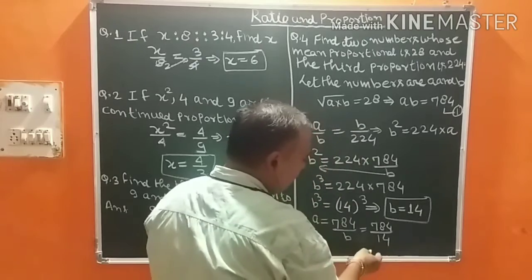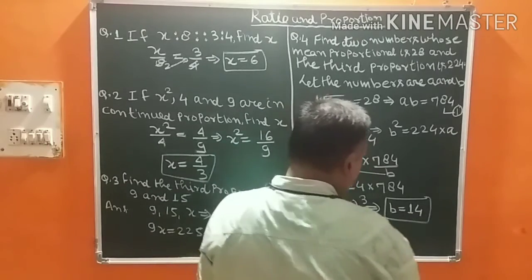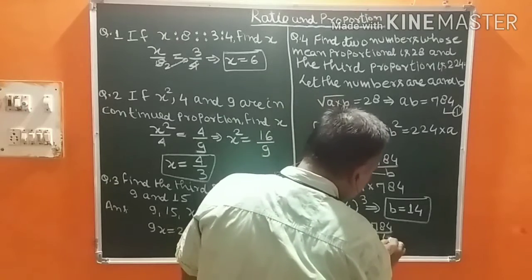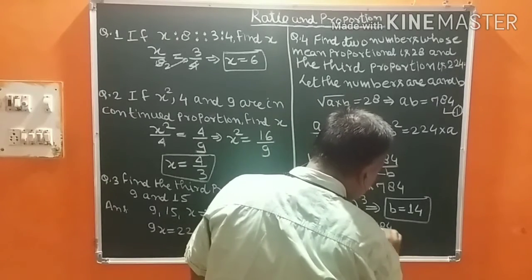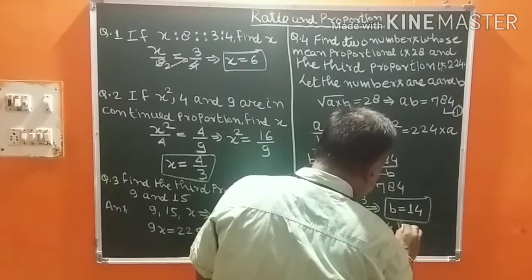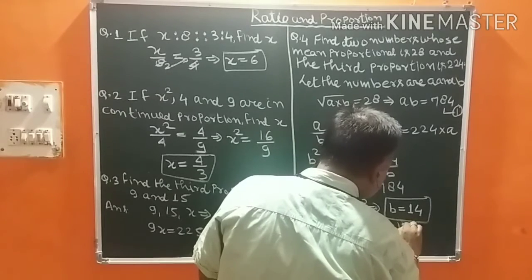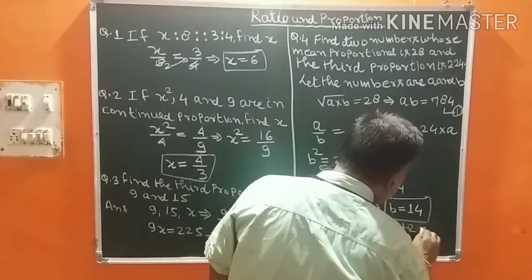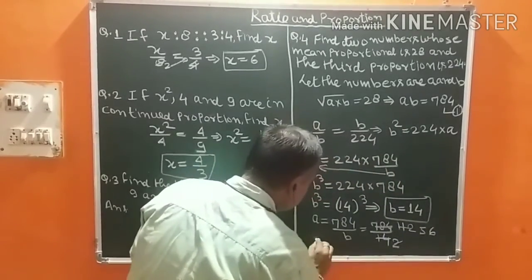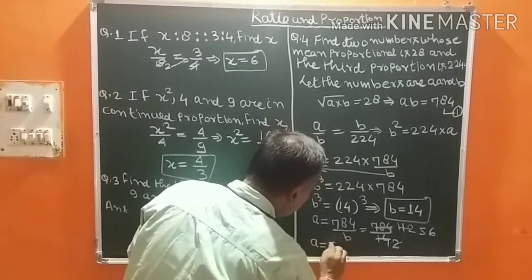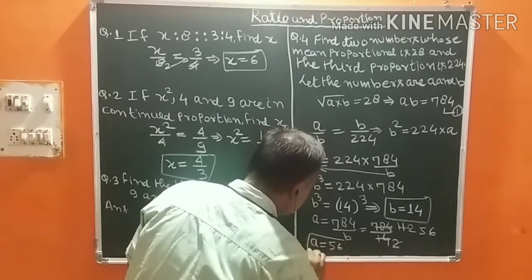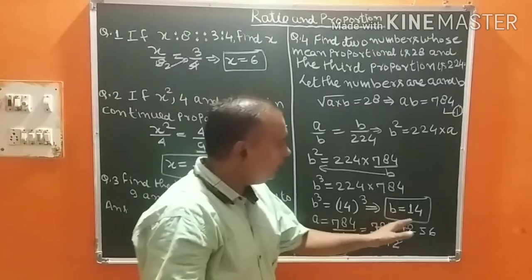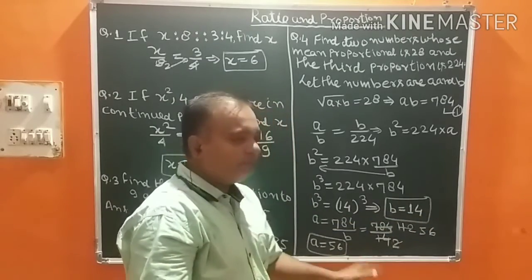We can divide by 14, 14 times 56 is 784. So the value of a is 56. It is clear? When we solve, the value of b equal to 14 and a equal to 56.